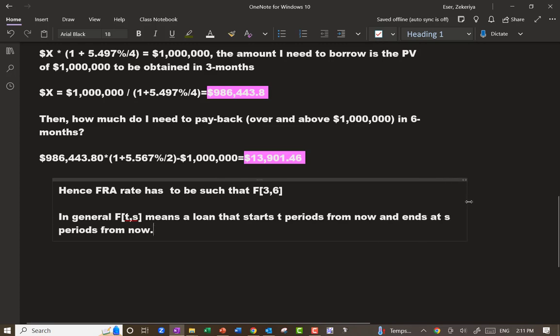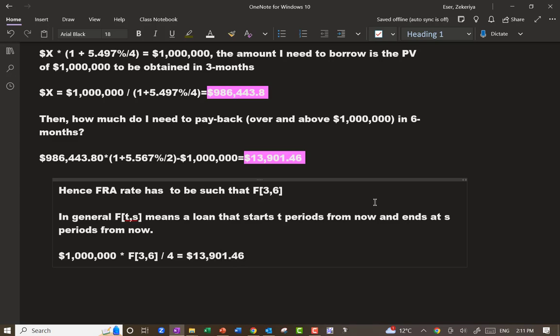Depending upon the application, those periods may be months, years. So in this case, 1 million times F36 divided by 4 needs to be 13,901.46. Okay.